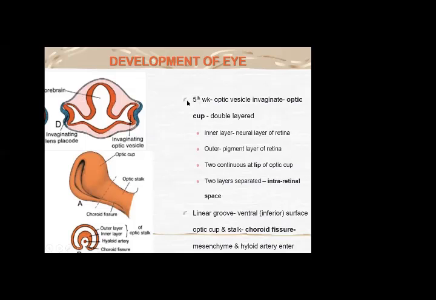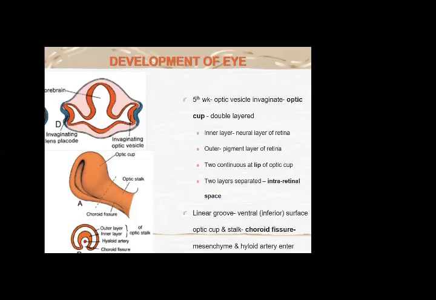I repeat once again. The optic vesicle invaginates and becomes double layered. This invaginated part is called the optic cup. It has two layers, an inner layer and an outer layer, a double layered optic cup.